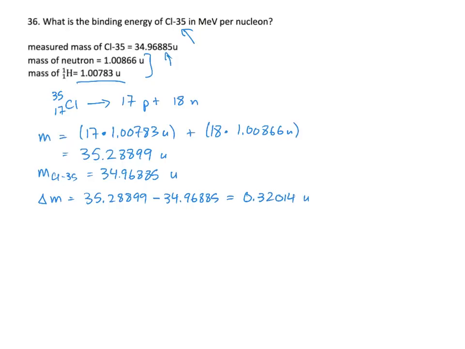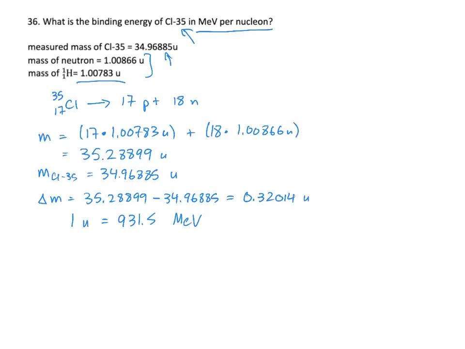This question asks for the binding energy in mega electron volts per nucleon, and if you go to the first page of your exam and look at all of the conversion factors and constants, you see one which is very useful in this case, which is 1 u in mass defect is equal to 931.5 mega electron volts. Basically this conversion factor puts that value 1 u into E equals mc squared, does the unit conversions and puts it into mega electron volts for you.